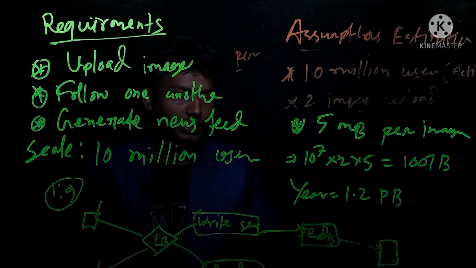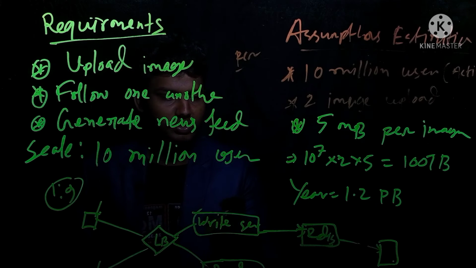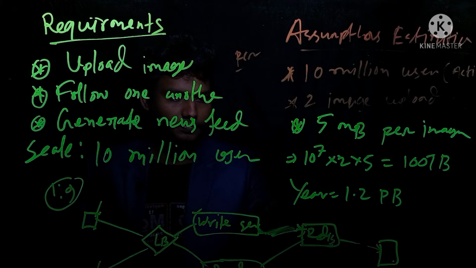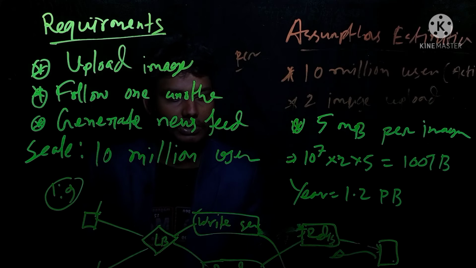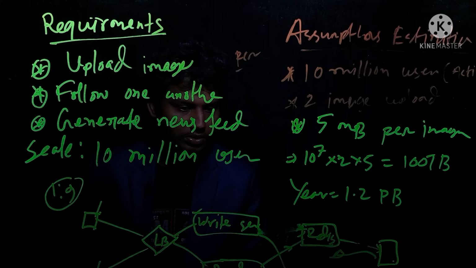The cache should be there for reads, but for writes we will directly write to our database and then update our Redis cache. So this is a simple architecture here.